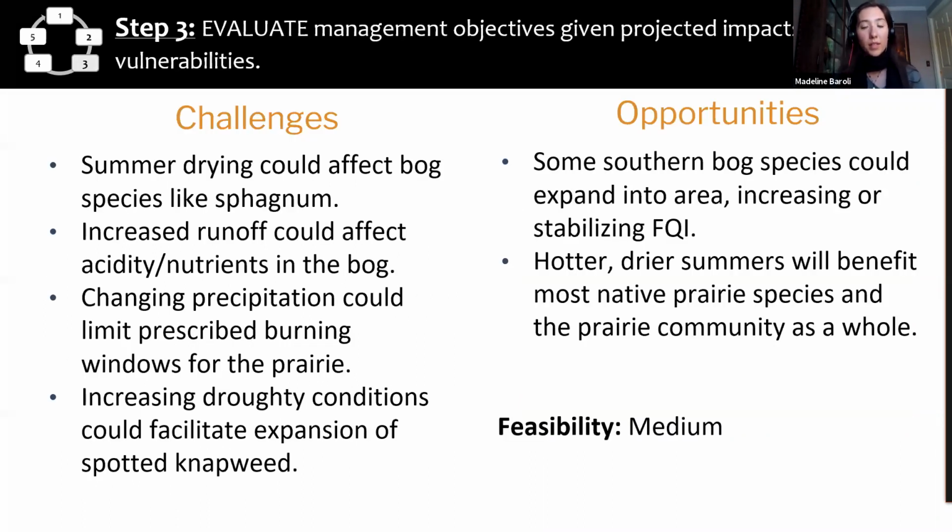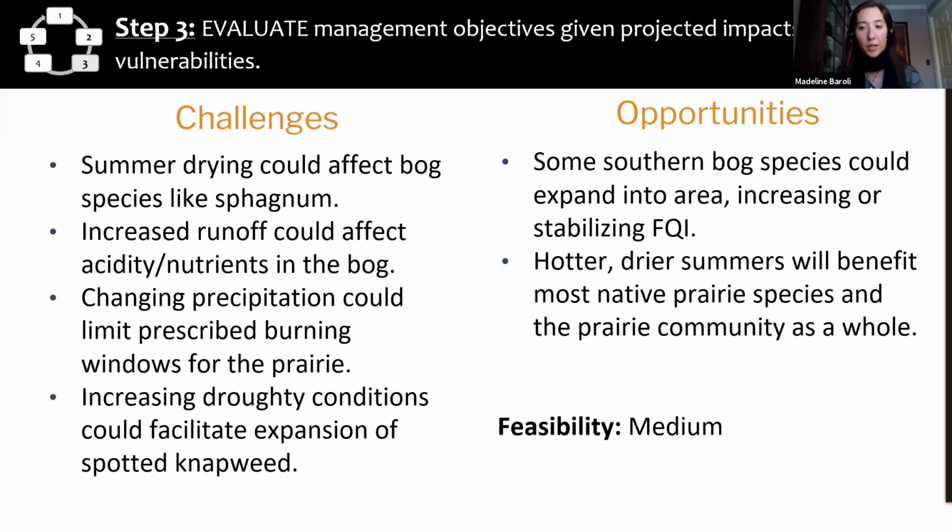So then this is the step that we're at as a group right now. In step 3, these folks really brought their considerations back to their management objectives. Again, they were mostly concerned with maintaining the native plant diversity, so they were looking at potential climate-related challenges to that.